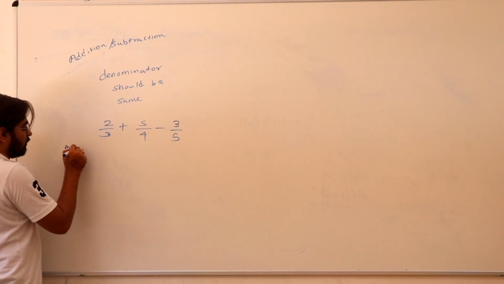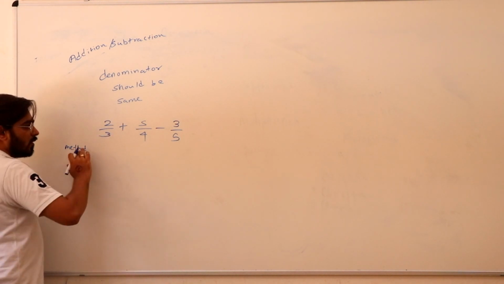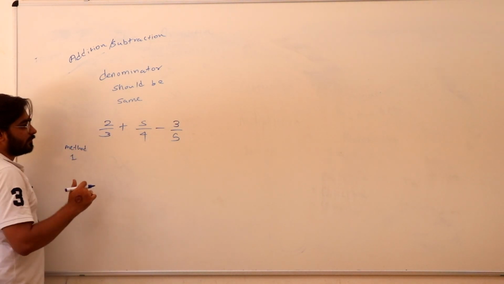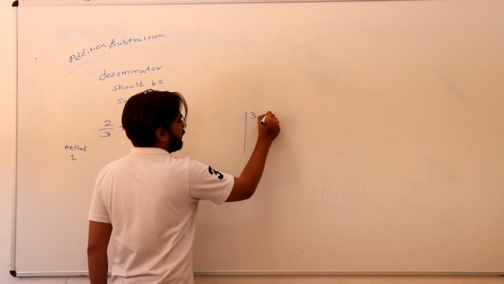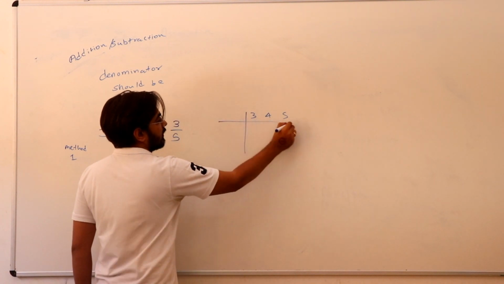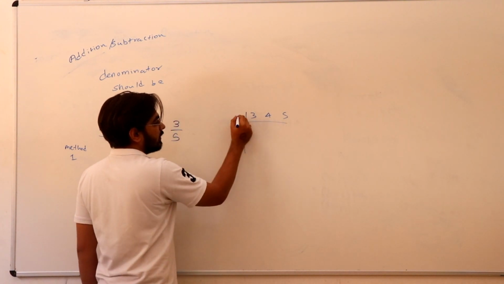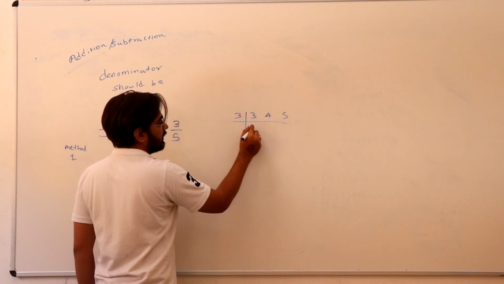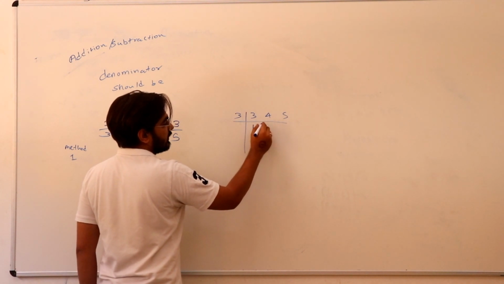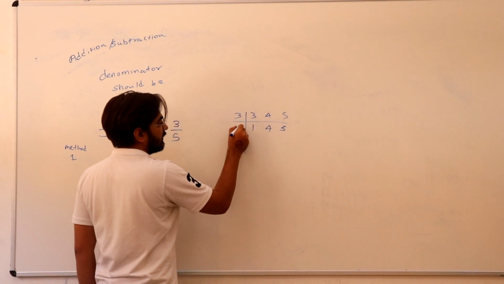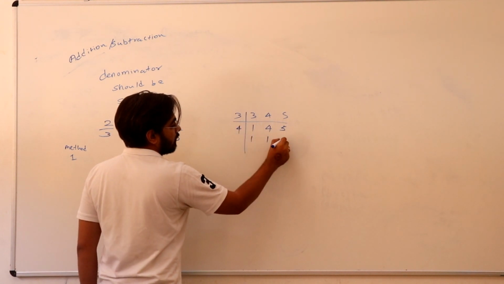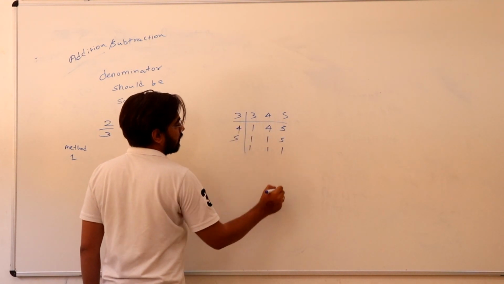Method 1: take LCM of all these three together. You know that LCM method. If I divide, 3 ones are 3, here it cannot be divided by 3, so we keep it as it is, same way for the others.